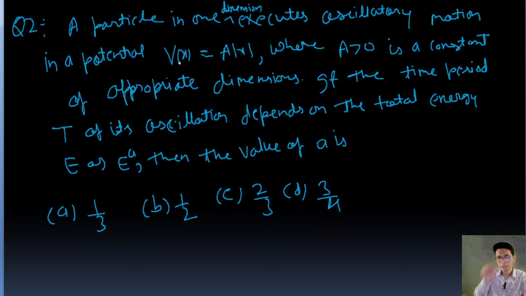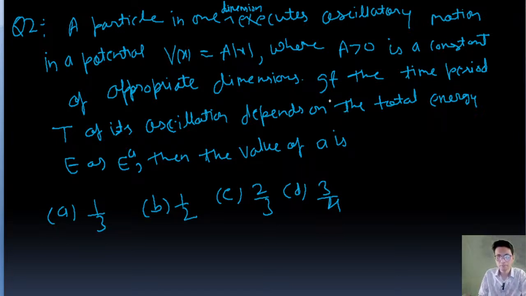The particle is in 1D and executes oscillatory motion, and the potential is V(x) equal to A|x|, where A greater than or equal to 0 is a constant of appropriate dimensions. If the time period of its oscillation depends on the total energy E as E to the power A, then the value of A is what you need to find.